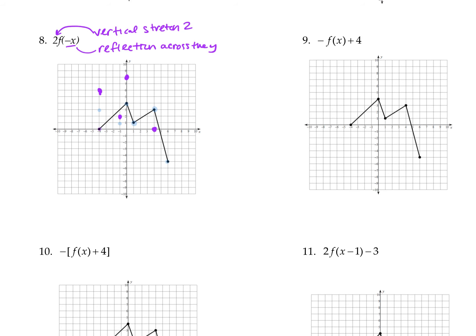So we're at 6, reflect to -6, multiply by 2, so it would go down to -10. So my graph will look something like this.